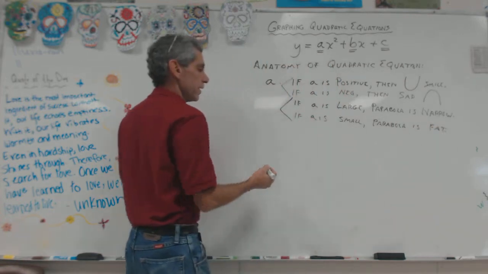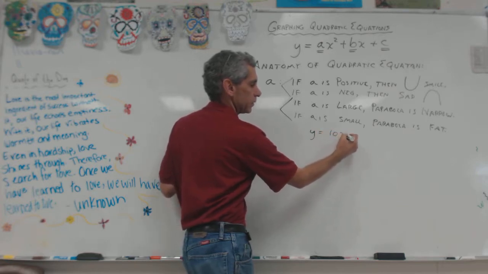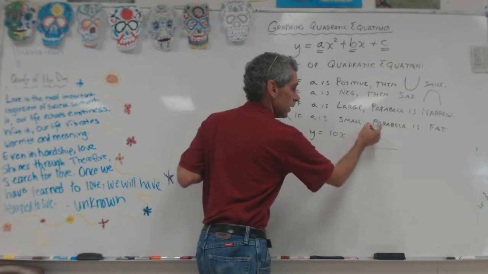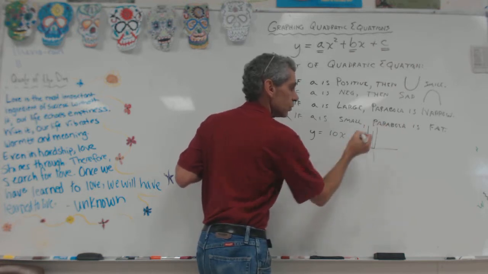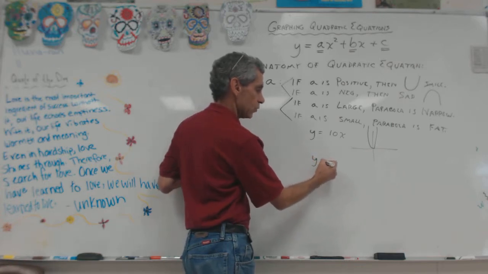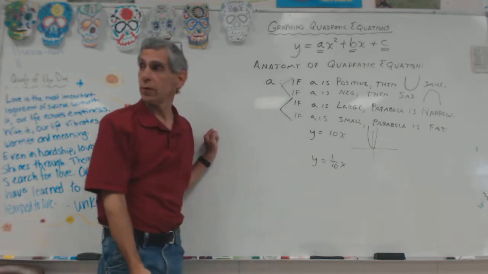An example of that would be if I had y is equal to 10x squared, that is going to look like this. It's going to be very tall and skinny. But if I had y is equal to 1/10 x squared, wouldn't you agree with me that's a small number?